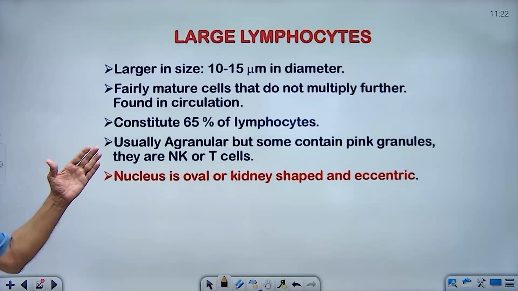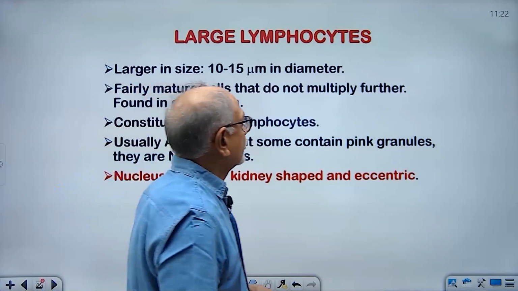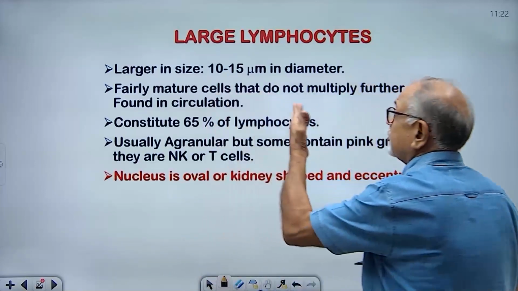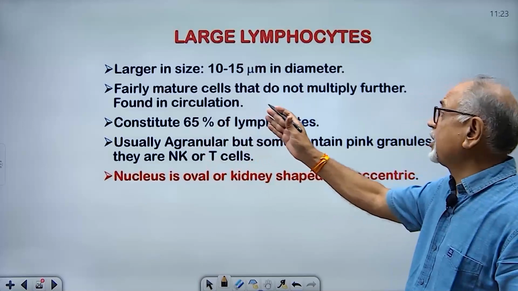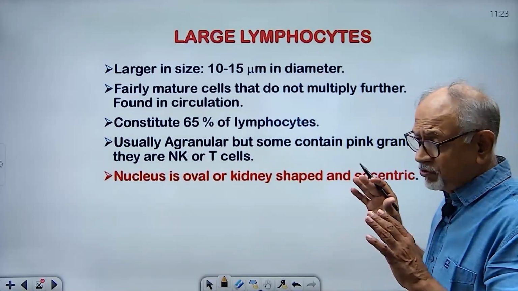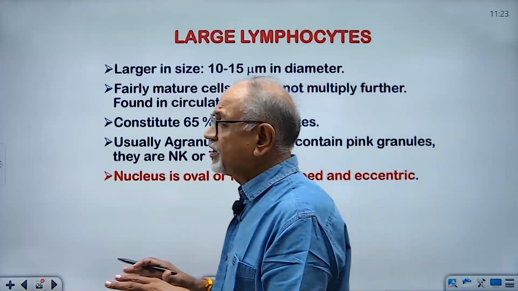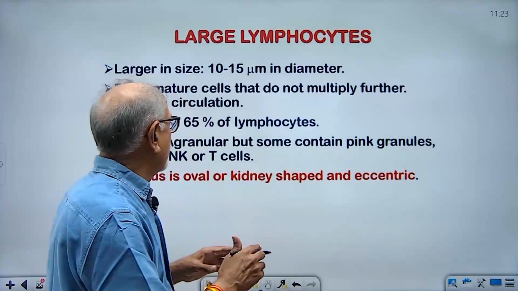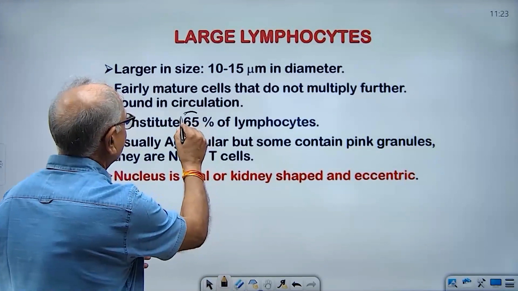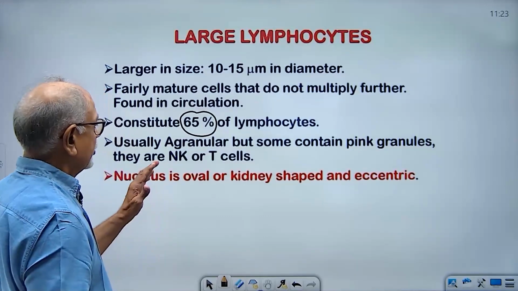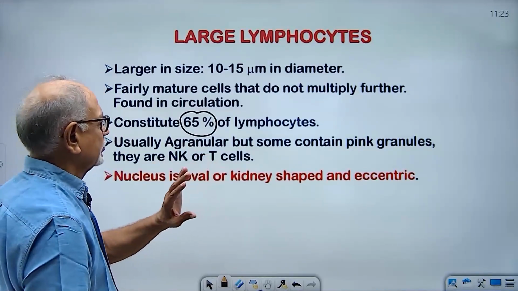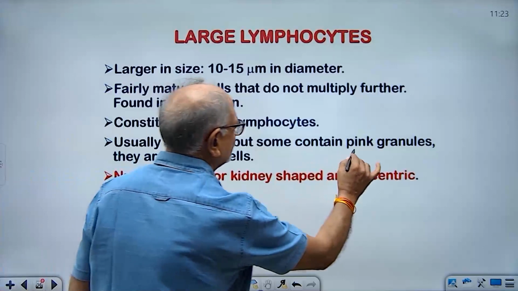Now, larger lymphocytes, they are 10 to 15 μm in diameter. They are fairly mature cells and they do not divide any further. They constitute about 60% of the total lymphocytes, and they contain very small pink granules.